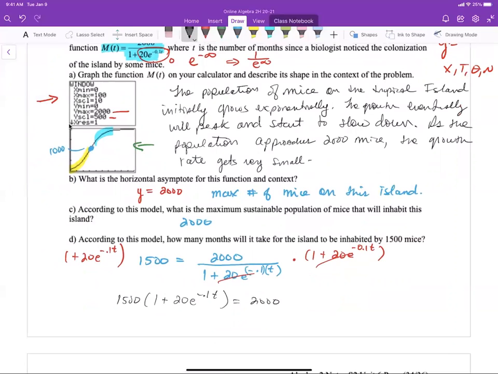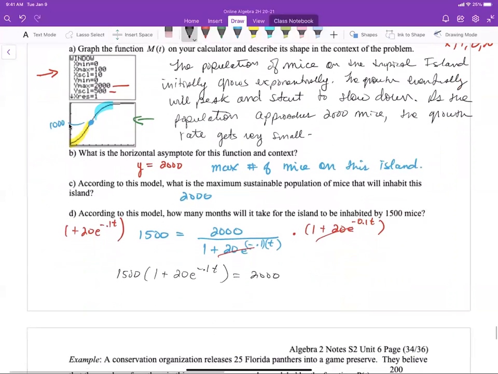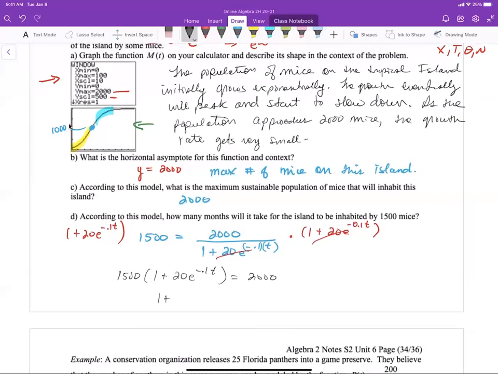Again, I'm trying to find t. And so I'm then going to divide by 1,500 on both sides. 1 plus 20 e to the negative 0.1 t equals 2,000 divided by 1,500, which is essentially the same as 4/3.